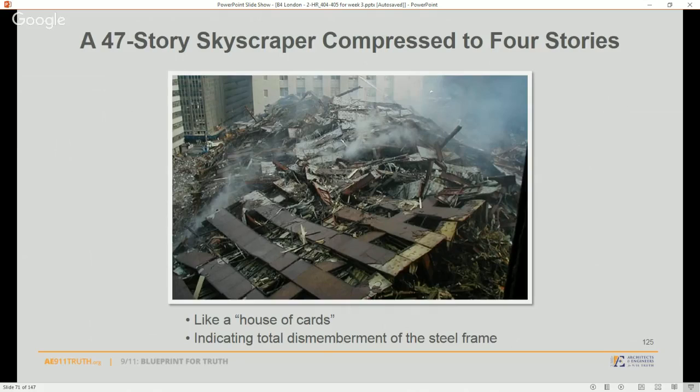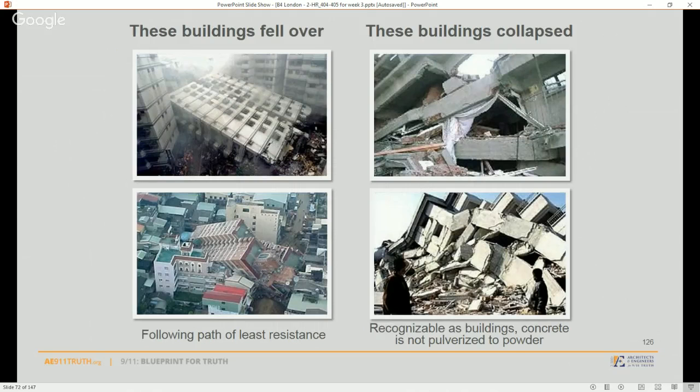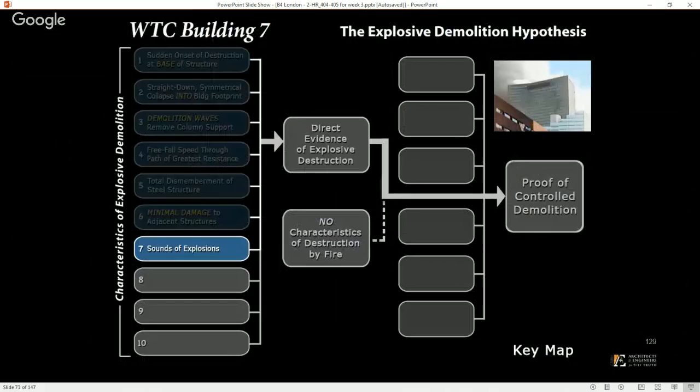Broken up like a house of cards, one column from another, one beam from a column. Remember, buildings that fall naturally due to unplanned events, their structure is not severed from itself in pieces. It's not shattered. The concrete is not pulverized, and we'll see examples of that soon.